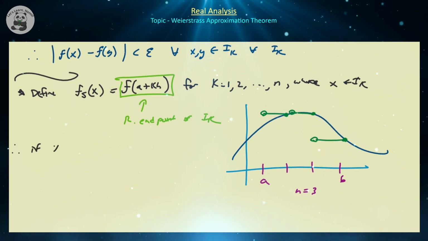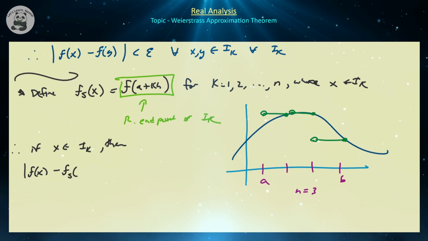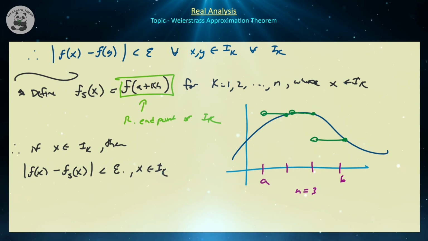So that means if x belongs to Ik, then the distance between f(x) and fs(x) is going to be less than epsilon for our particular element x that belongs to Ik. And that gives us practically what we want because now we're approximating our function with an arbitrary step function constructed by using the right endpoints of our interval images, right?